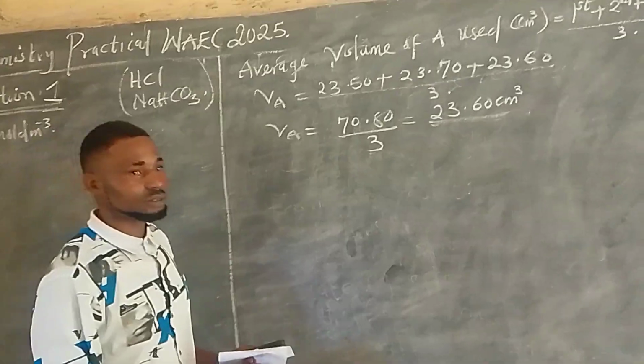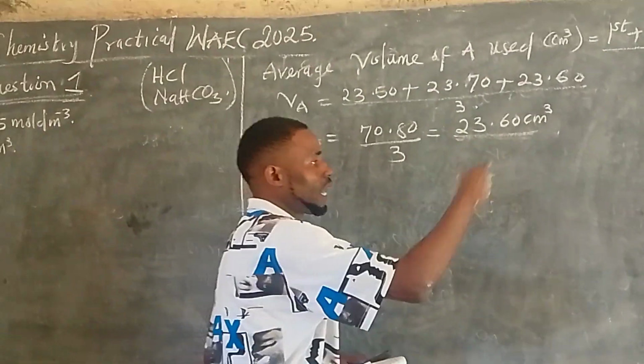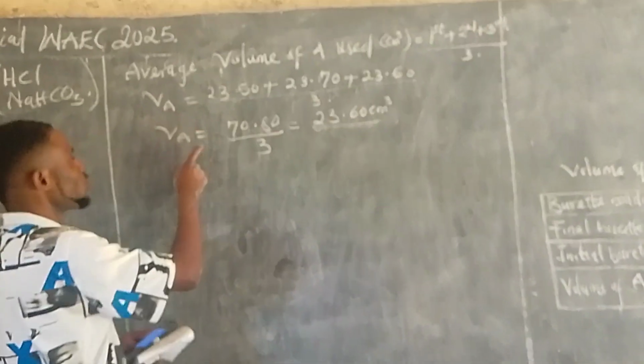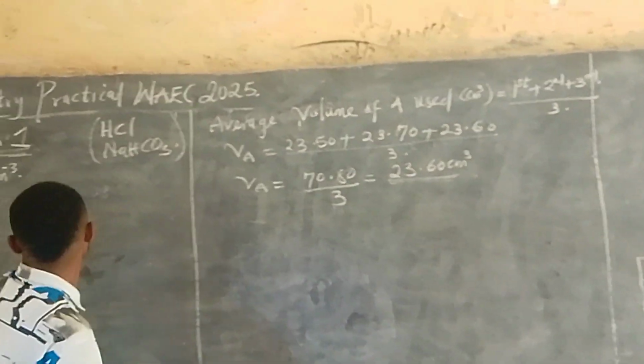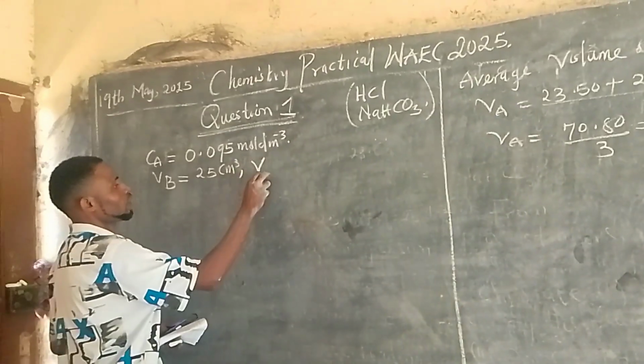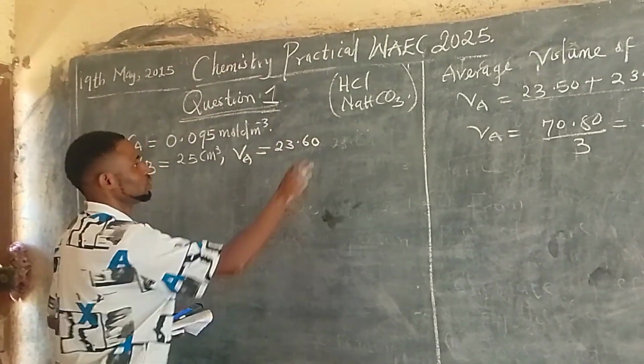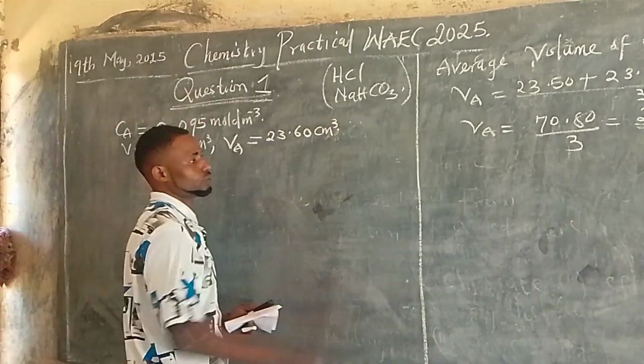Now when we look at this, we are using this table to get the average volume of acid used, which is our VA. So here our VA is 23.60 cm cube.